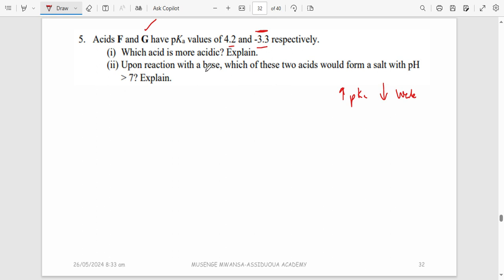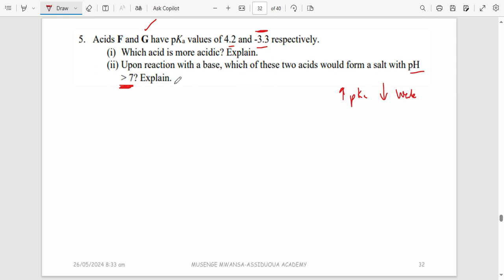Okay, upon reaction with the base, which of these two acids would form a salt with a pH greater than 7? Now, for pH greater than 7, you want to use a weak acid. Because when you react a weak acid with a base, the product is going to have a pH near the strongest thing you used.